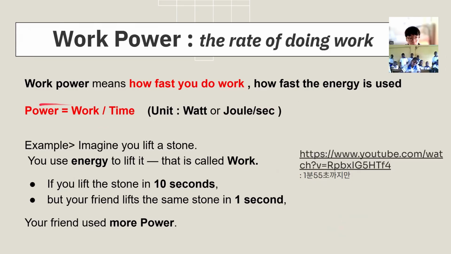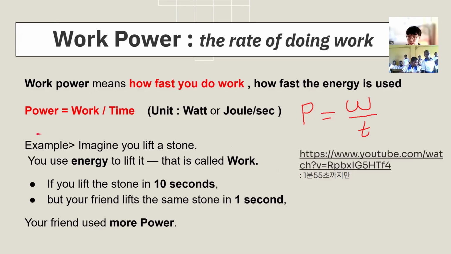So power equals work over time. Remember that P equals W over T. That is the equation for calculating power. And this makes sense because you need to know how fast you're doing work, and when you divide work by time, you're calculating the rate.